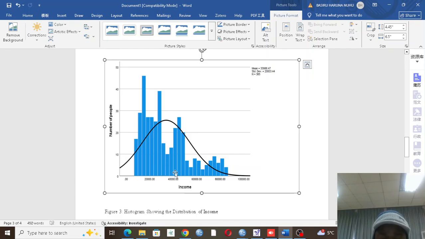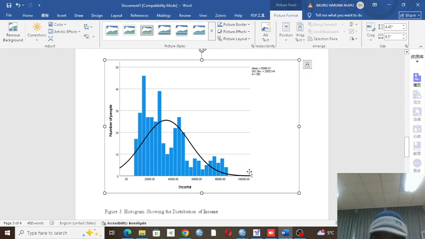Now you could see that more of the income earners are at the right side, so since it is at the right side, we call it positive skewness. You look at the tail.